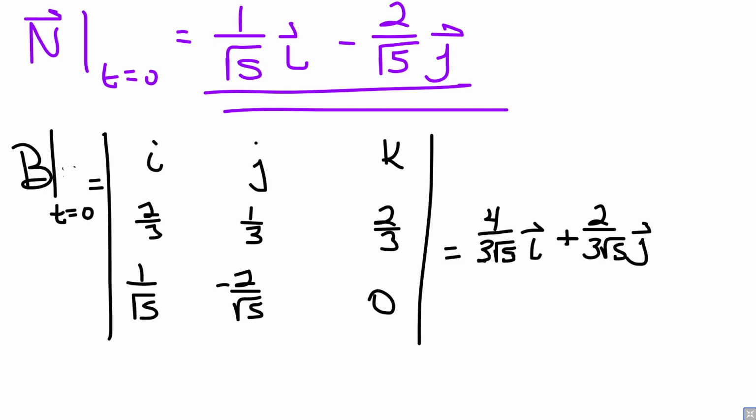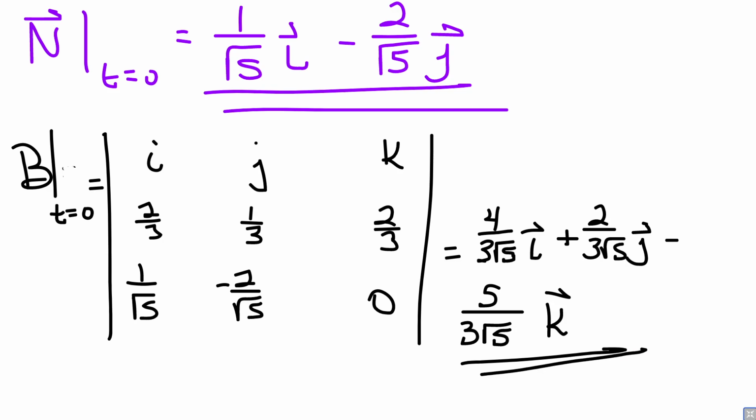And for the k component, I'm going to end up with minus 5 over 3 times the square root of 5 in the k direction. So this would be our binormal vector when t is 0.